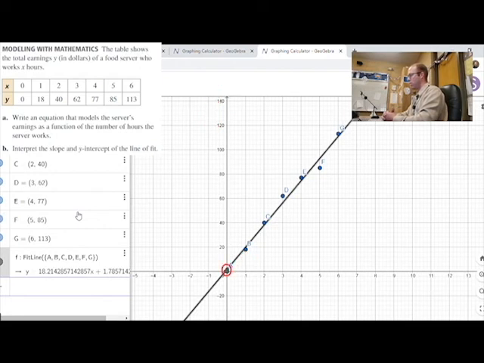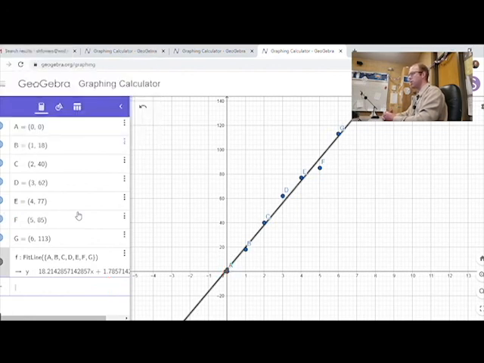The y-intercept of 1.8 tells us how much we would earn with 0 hours of work. That would be 1.7 or $1.70 for working 0 hours in this case. Each line of best fit will have an interpretation, so pay attention to the slope, pay attention to the y-intercepts, and you can get some information from those.